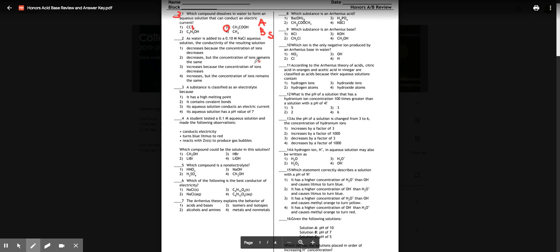As water is added to a 0.10 molar NaCl aqueous solution, conductivity will, okay, so you are adding water. So if you add water, that means you are diluting something. So if you are diluted, your conductivity will not be as good. Think about this. If you were given poison, concentrated poison, you would get sick or die almost immediately.